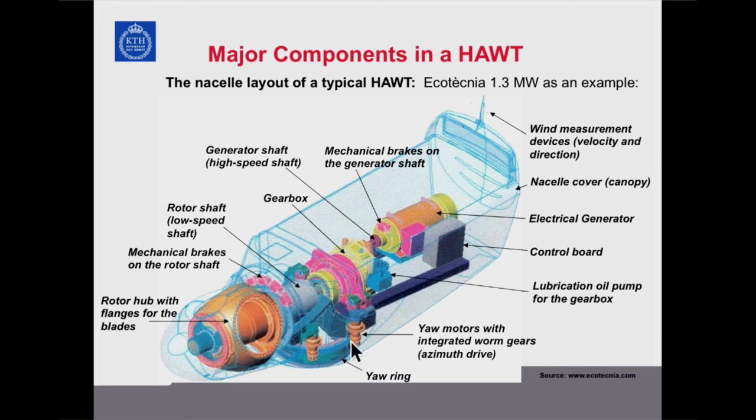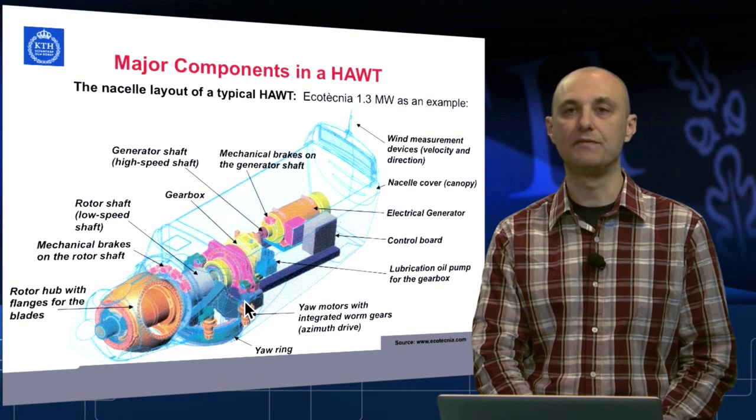This is the Ecotechnia machine showing the hub, very nicely colored, each of the components, the rotor shaft, the gearbox, the high-speed shaft towards the electrical generator, any kind of control, and so on, the yaw ring with the yaw motors.